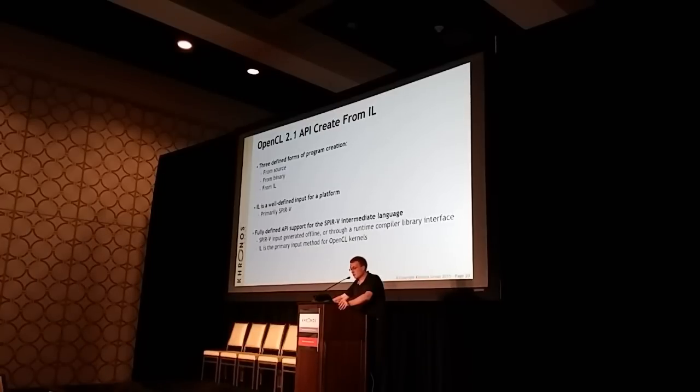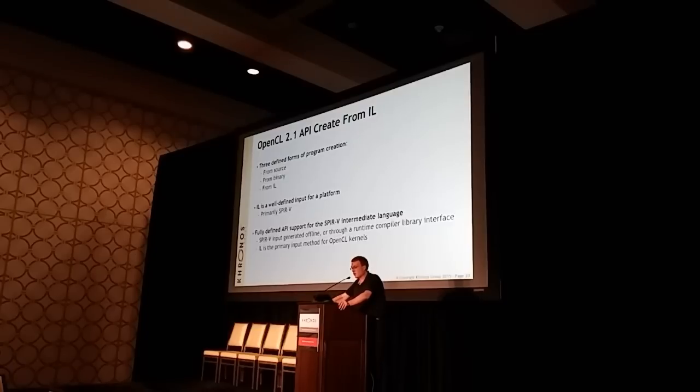We can still load a binary, and this is an implementation-defined feature as it always has been. And now we can load a program from an intermediate representation. The standard portable intermediate language that we'll consume here is obviously SPIR-V, and we'll be going over that in a bit.